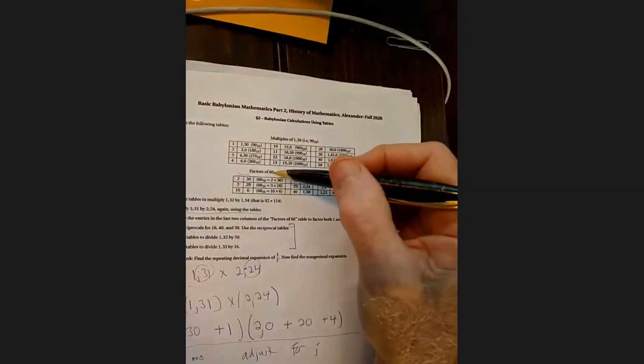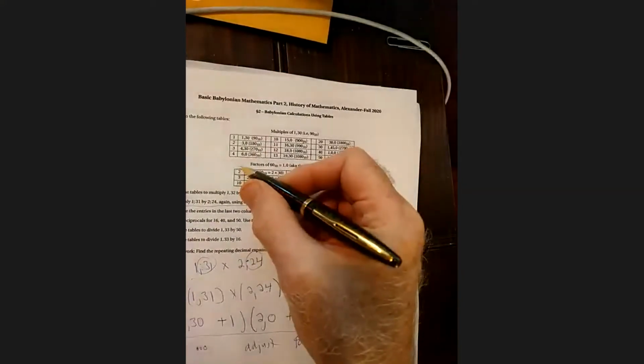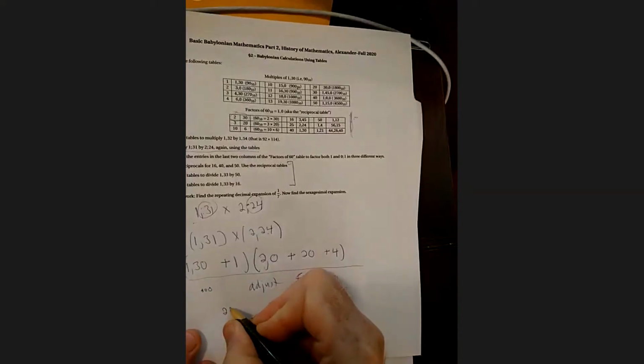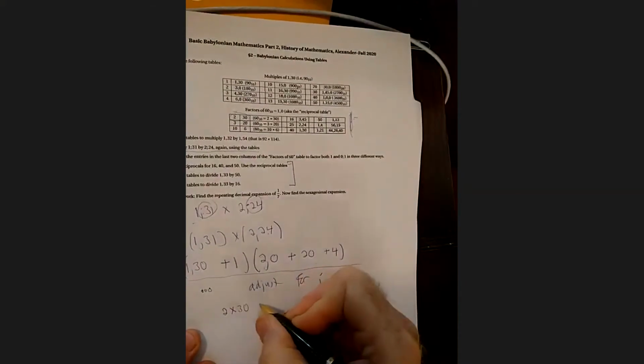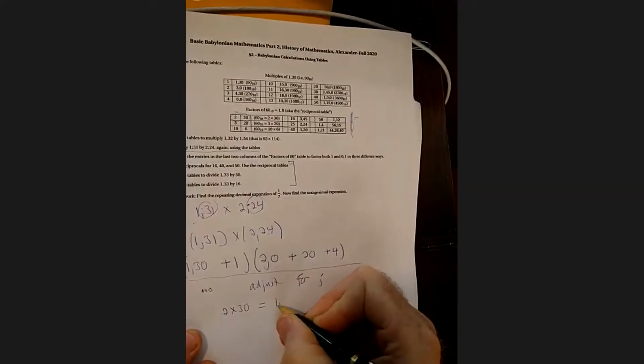The way you read this is that these are all factors of 60, or 1,0. If I look at this entry right here, I get 2 times 30 is equal to 60.